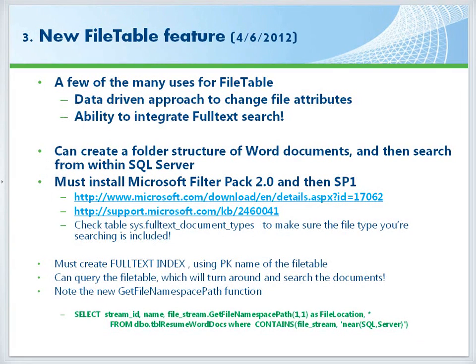We can create a full text index using the primary key from the file table, and we can query that file table and turn around and search on the documents. And we have that very important function, get file namespace path, that's associated with a file stream, that'll basically take that hierarchy ID and turn it into a file location that's obviously going to be much easier to read.